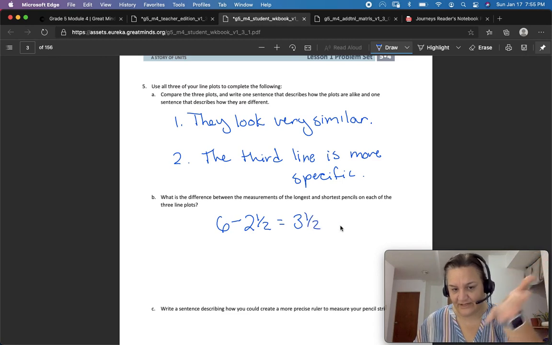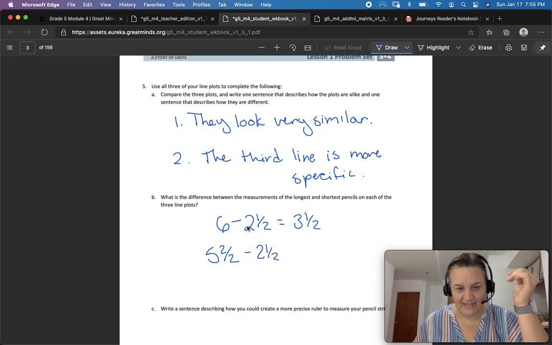If you can do that in your head, great. If you can't, then we're going to borrow from this 6 and we're going to make it 5 and 2/2 minus 2 and 1/2, okay? Do you see how I did that? I just split that into 5 and 2/2. So 5 minus 2 equals 3, and 2/2 minus 1/2 equals 1/2.